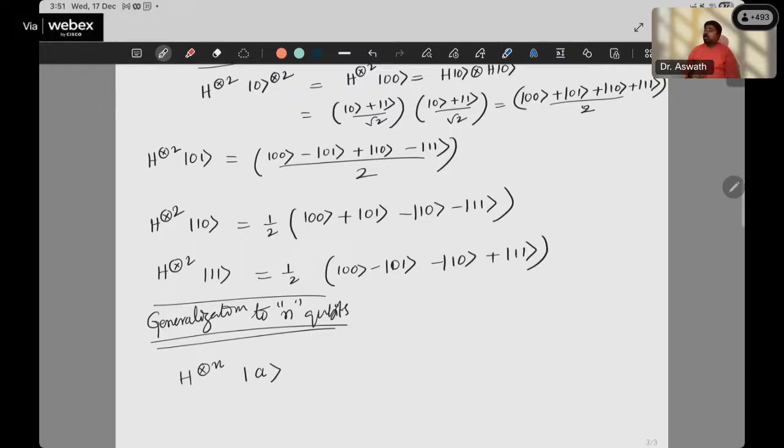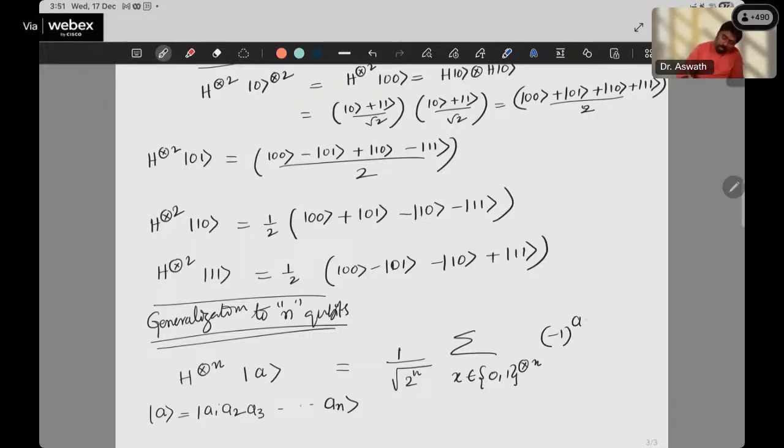A's. Remember, A has A1, A2, A3, up to AN. In that case, what is the output? The output is 1 by square root of 2 to the power of n, summation over x belonging to {0,1} tensor n, (-1) to the power of a bitwise multiplied by x, ket x.